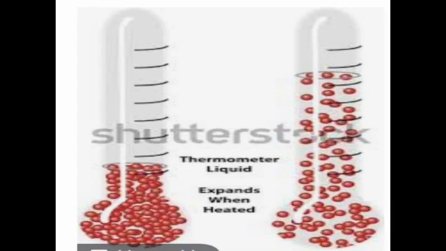Conversely, when a substance is cooled, it contracts because its molecules become less energetic and move closer together. You can see this on the screen, and this change in the dimension, area or volume of a body or substance with change in temperature is known as thermal expansion.